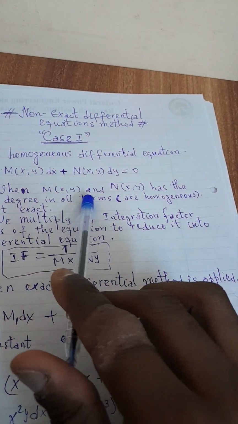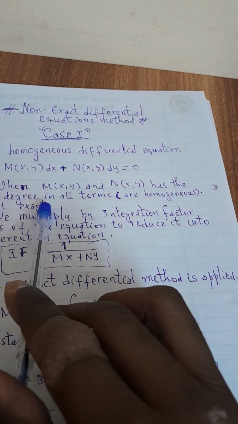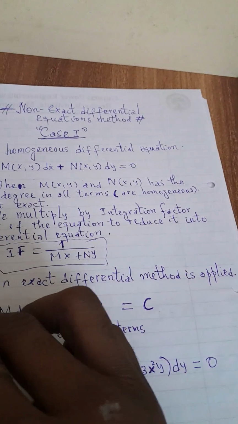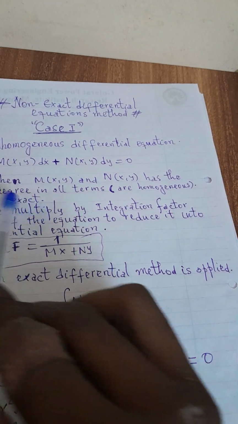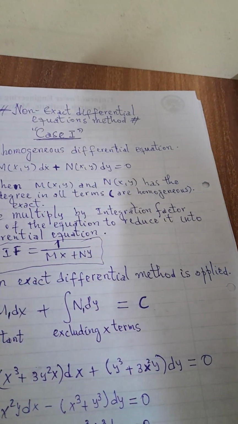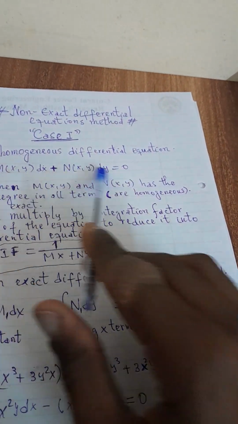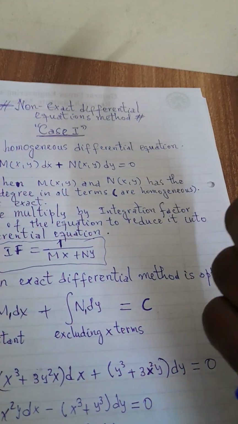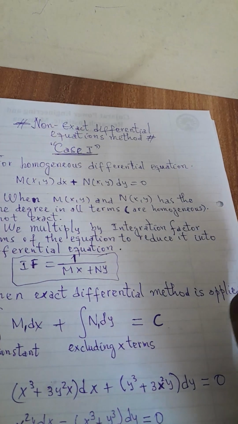When M(x,y) and N(x,y) have the same degree in all terms, we call this a homogeneous function, and the equation is not exact. So the most important thing: is this function homogeneous? Yes, it is homogeneous. Second step, is this equation non-exact? Yes.